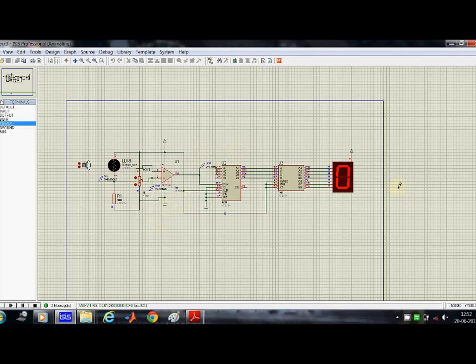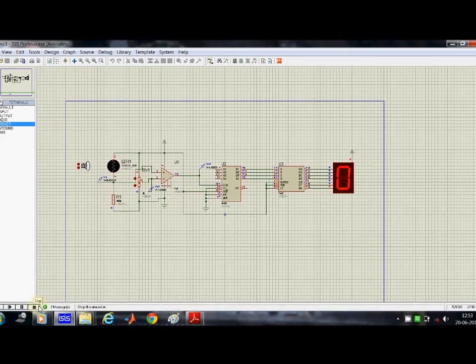I think anyone watching this video can easily make this system, and it is really enjoyable because you can use it to count the number of people coming into your house, or the number of bottles passing through a conveyor belt or something like that. So let's go and see the demonstration in the real world.